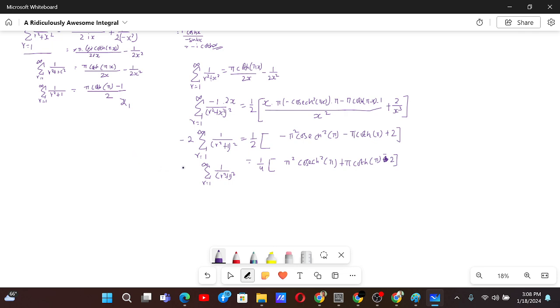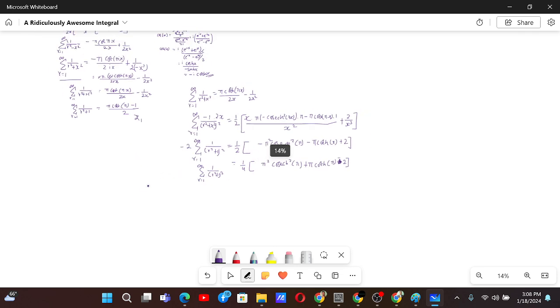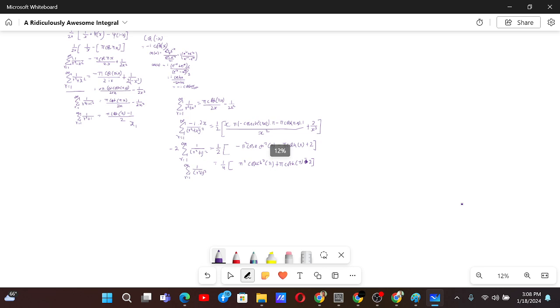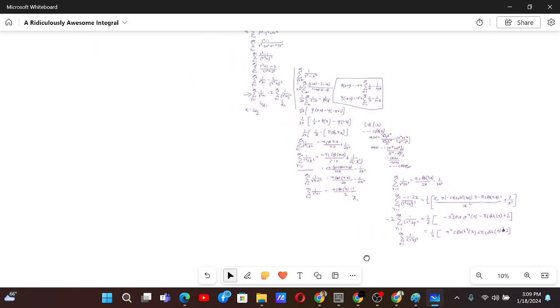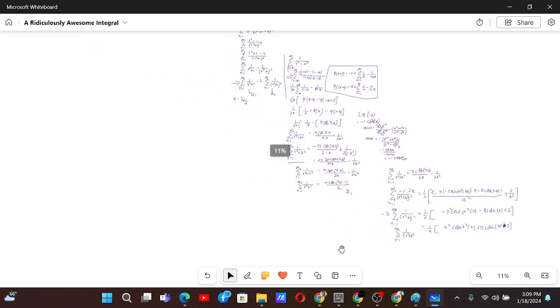So what we have to do now is just add all of these. So what was our initial expression over here? We have come a long way. Okay. So our initial expression is alpha 1 minus 2 times alpha 2.